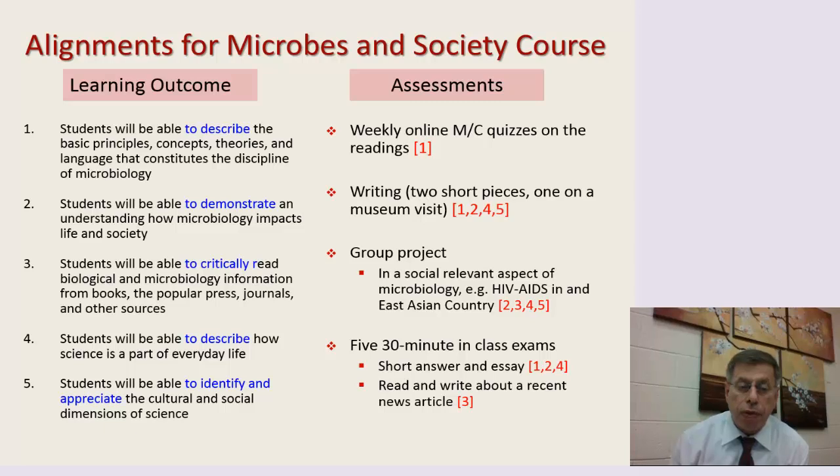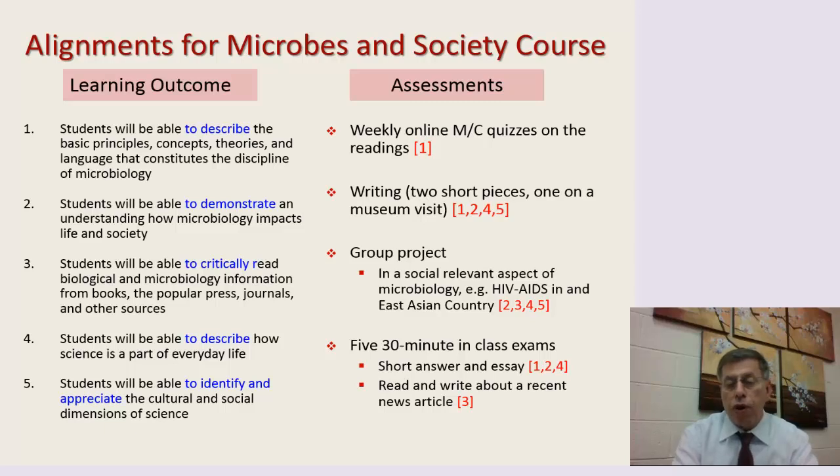And learning outcome 3, which is the ability to critically read biological and microbiology information from popular press, journals, and other sources, is gotten at by having within the tests a news article that they have to read and analyze.